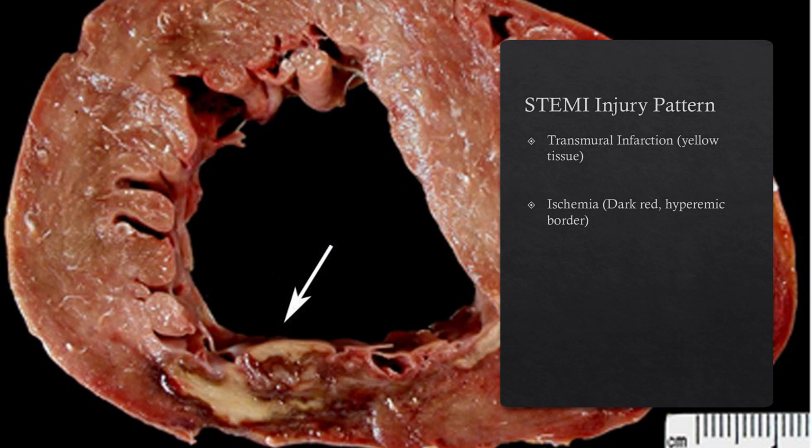The problem is that our system is built so that entry into this time-critical system requires certain ECG changes like ST elevation. We know that there are patients who can have this injury pattern but don't manifest with classic ST elevation, so we need every possible way to try to identify these.